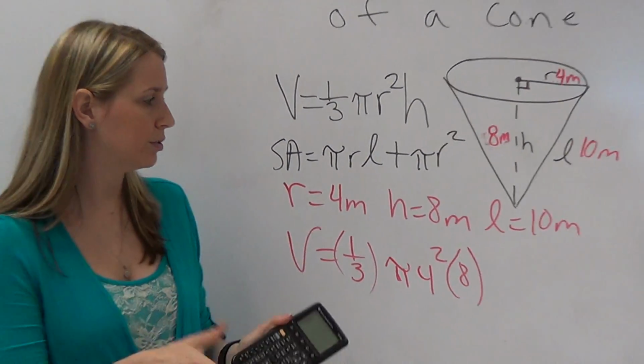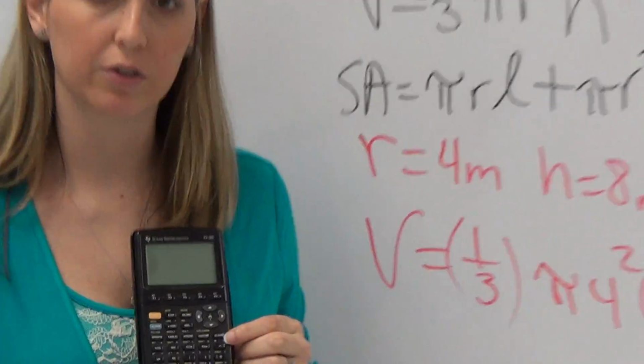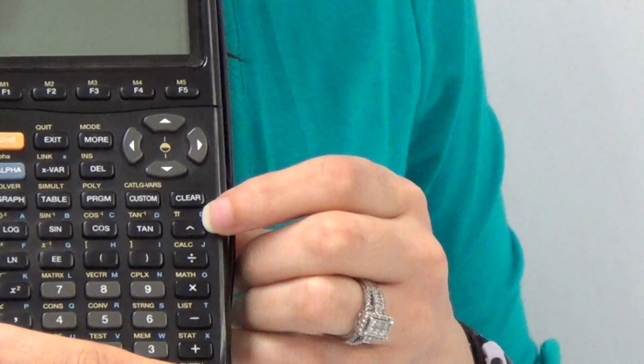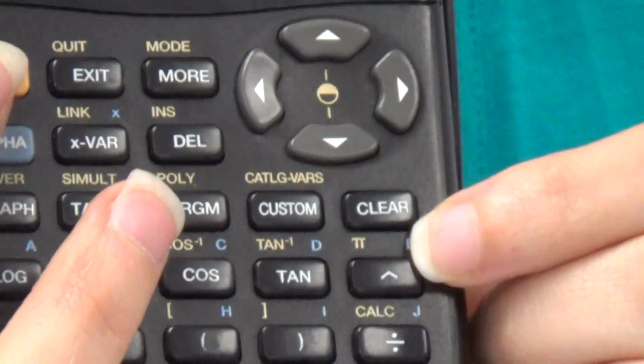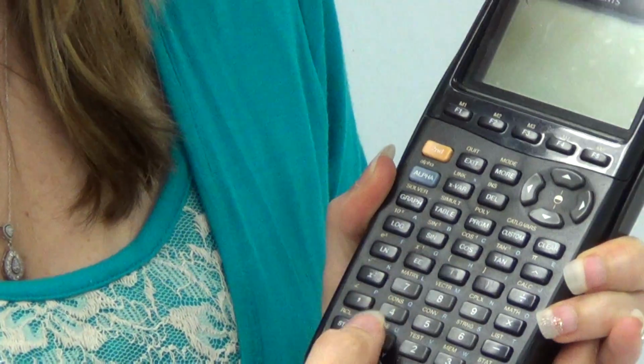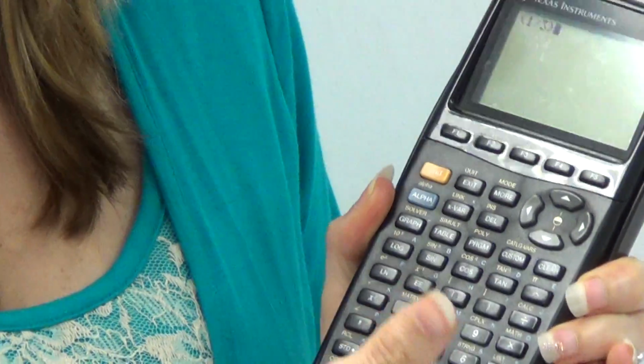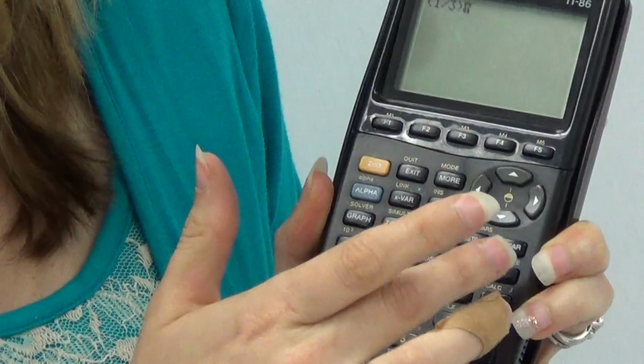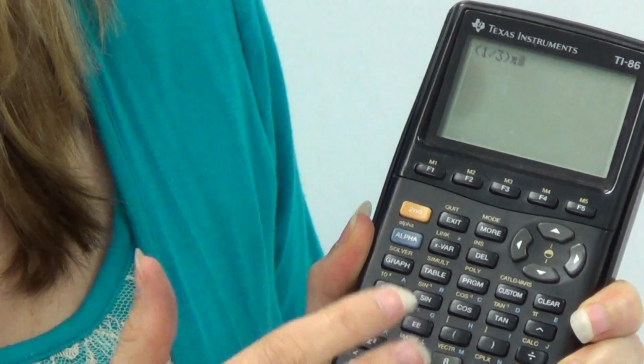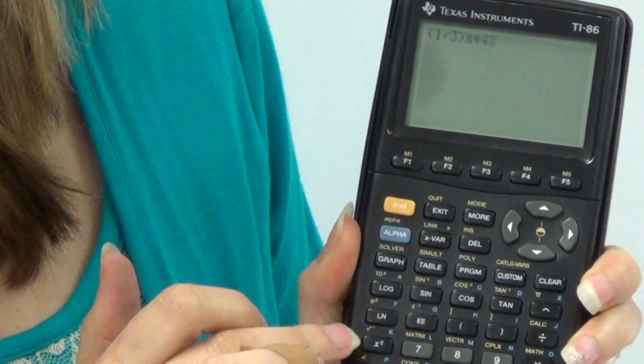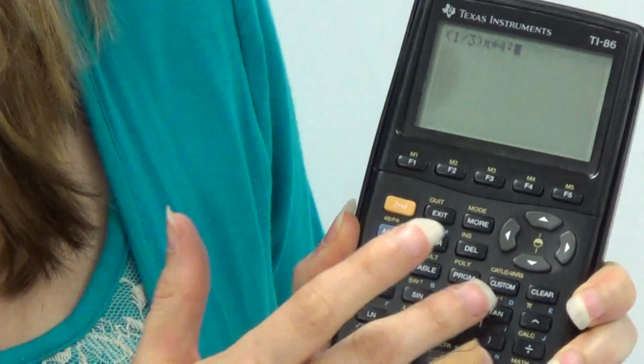Alright, so remember, as we learned last time, you've got a pi button on your calculator. It's right above your little arrow head, so you hit second arrow to get pi. So we just plug all this in. Remember to put your fractions in parentheses. So parentheses 1 divided by 3, close parentheses. And then pi times 4 squared, there's a squared button, times 8.